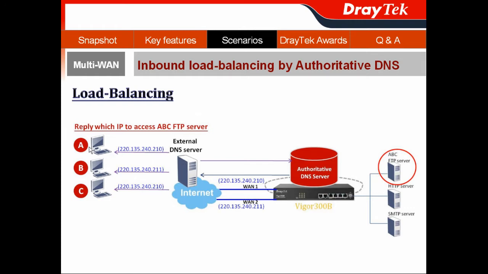PC A, B, and C would like to access ABC company's FTP server. Generally speaking, their PCs will ask the external DNS server, where is the ABC FTP server?